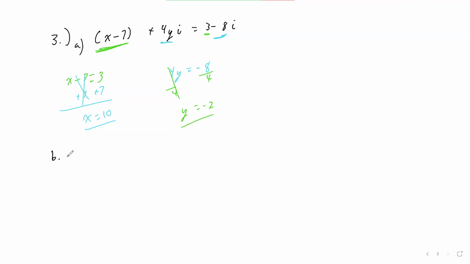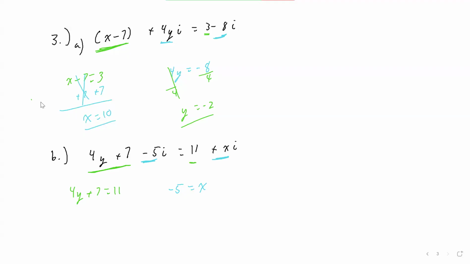Let's look at another one. Let's take 4y plus 7 minus 5i equals 11 plus xi. So for these to be equal, even though it doesn't have parentheses, this 4y plus 7 must equal 11. And this negative 5 must equal this positive x.